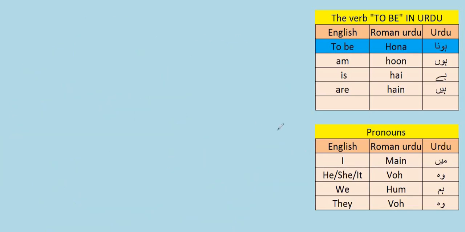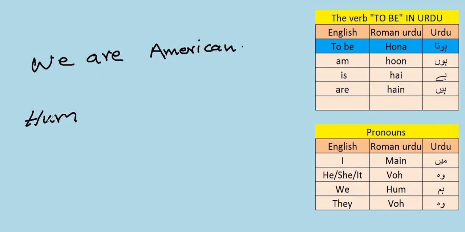Okay, then now let's use the word are. For example, the sentence is we are American. So in Urdu we can say हम American.